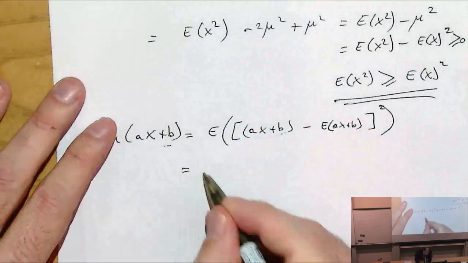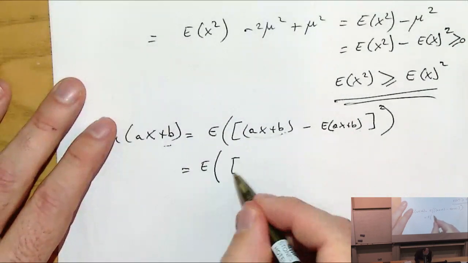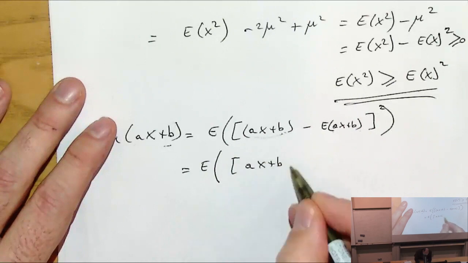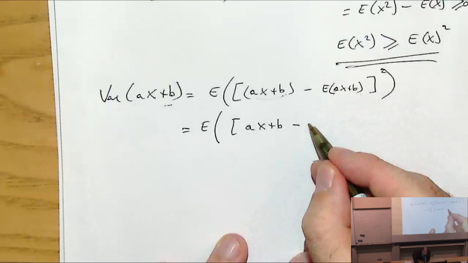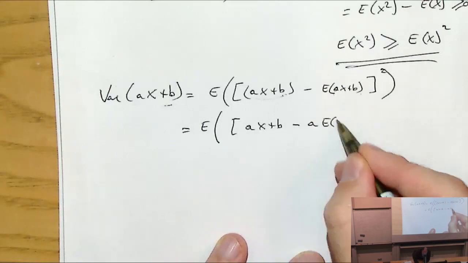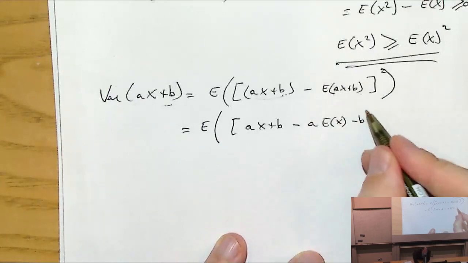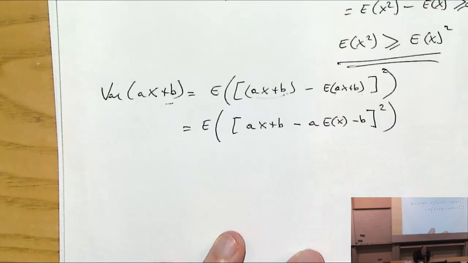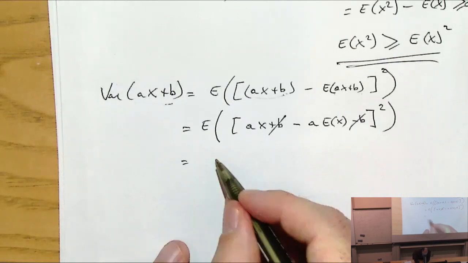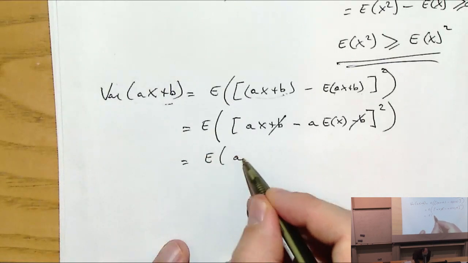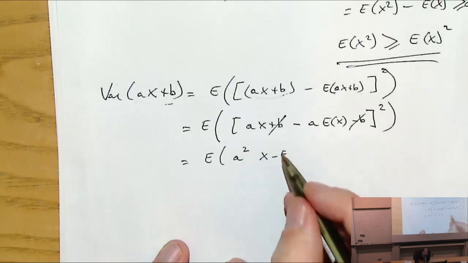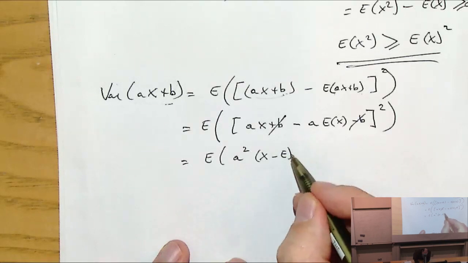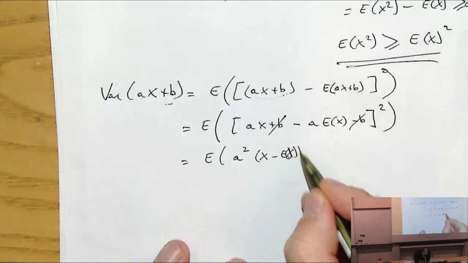Okay, so this is the expectation of ax plus b minus what? What is the expectation of ax plus b? This is a multiplied by the expectation of x, plus b, squared. So plus b cancels with minus b. And what we are left with is the expectation of a squared times x minus the expectation of x, squared.